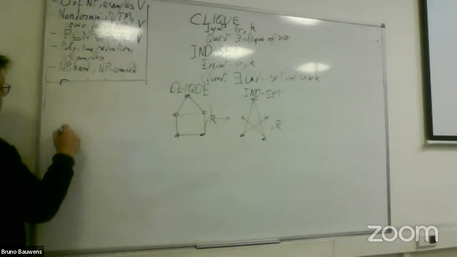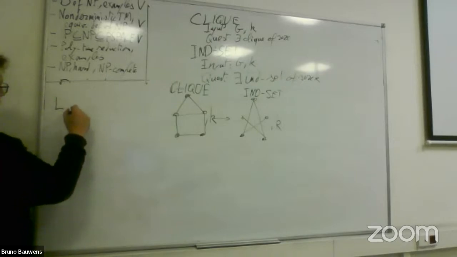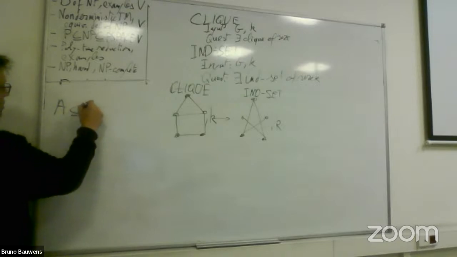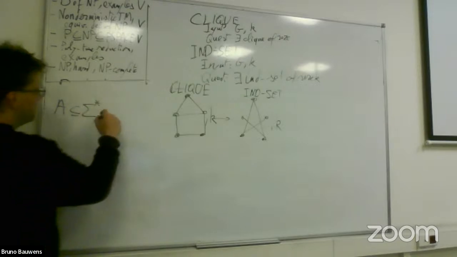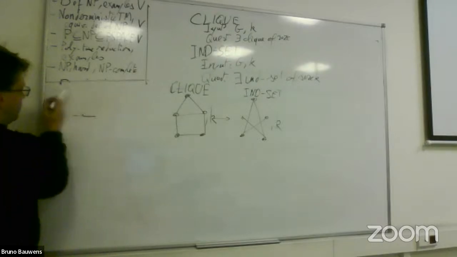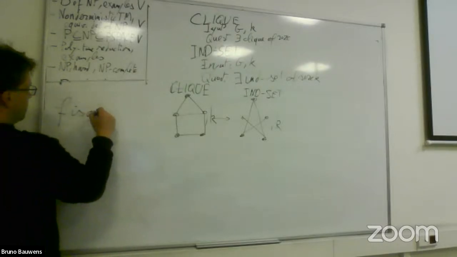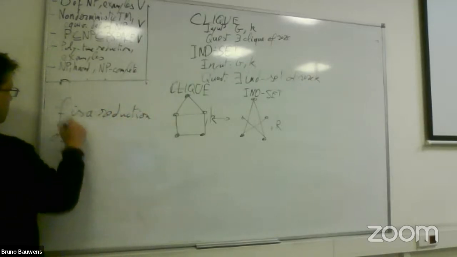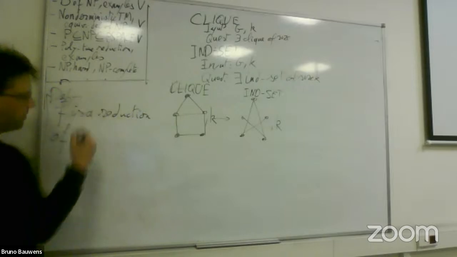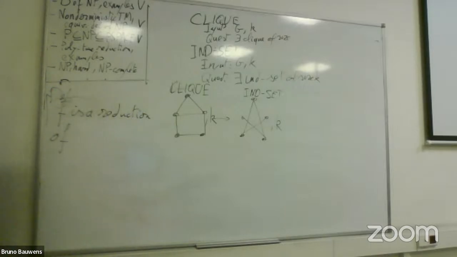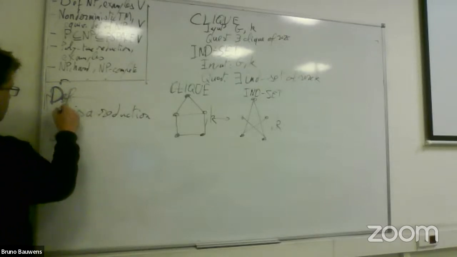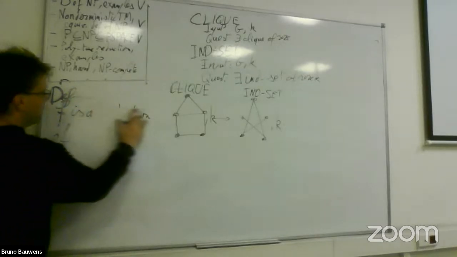A reduction. So, language A over an alphabet sigma. F is a reduction. Polynomial time reduction.